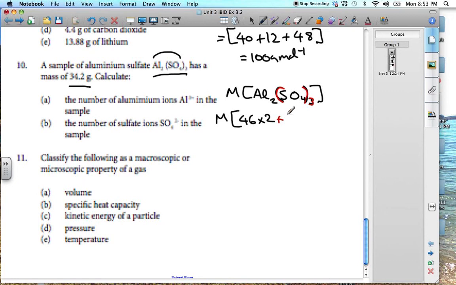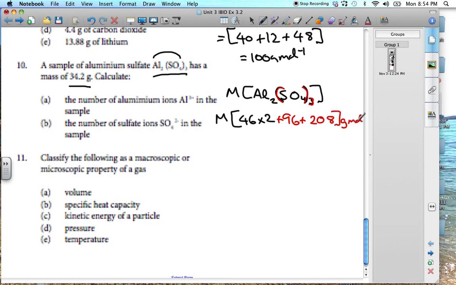Sulfur is 32 if I remember correctly, so that's 32 times 3, that's going to be 96. Plus oxygen is 16, and you actually got 12 oxygens. So 16 times 12, which is 144. It's going to be 208 if I've got that right. You better check my calculations here.